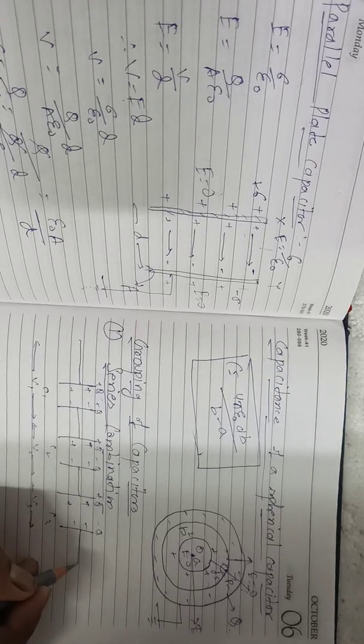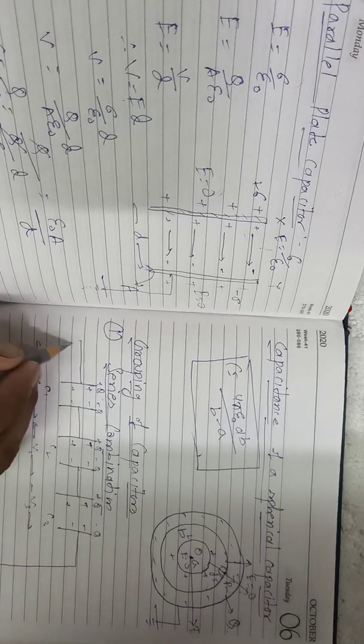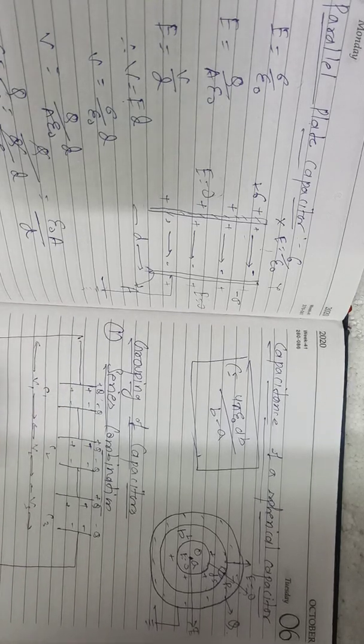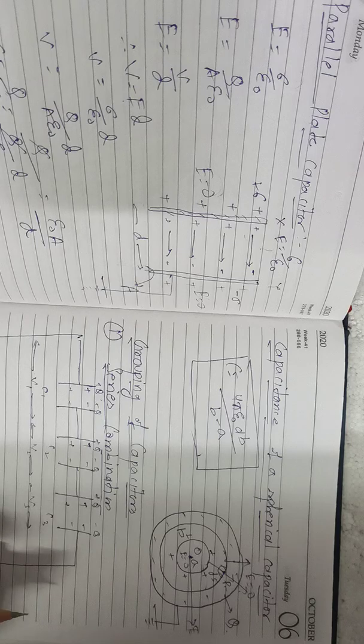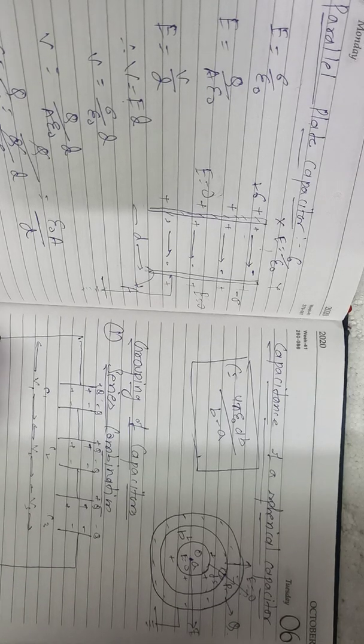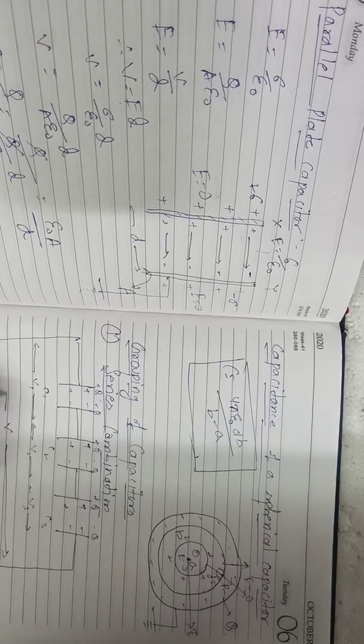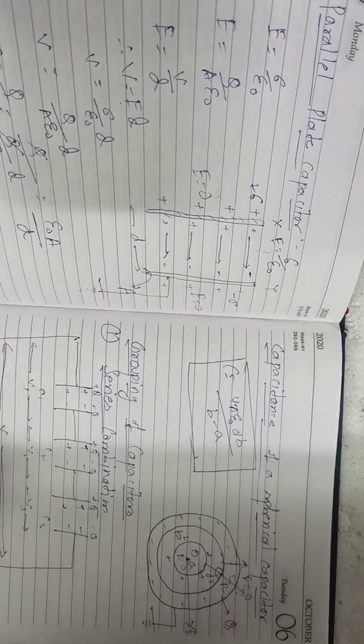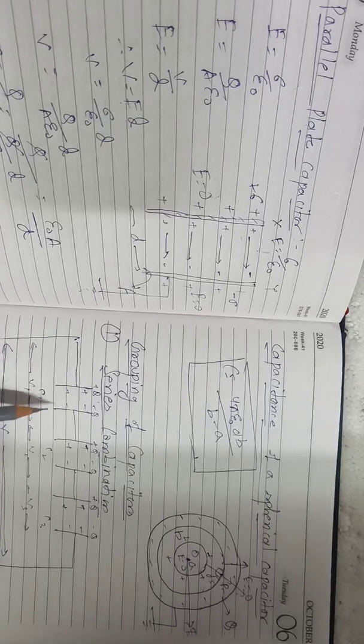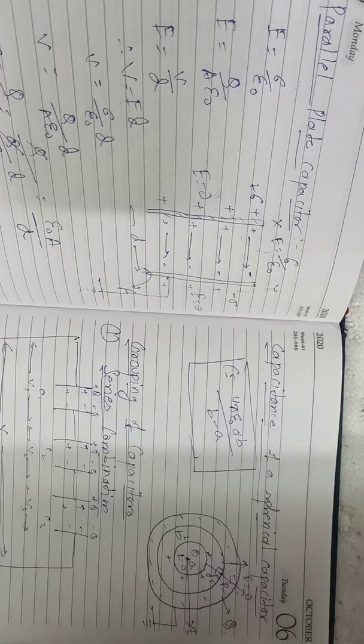When we connect it with the help of a battery, if the total potential is V, we know the voltage gets divided among all the capacitors, but the sum of all the voltages will be equal to the supplied voltage.